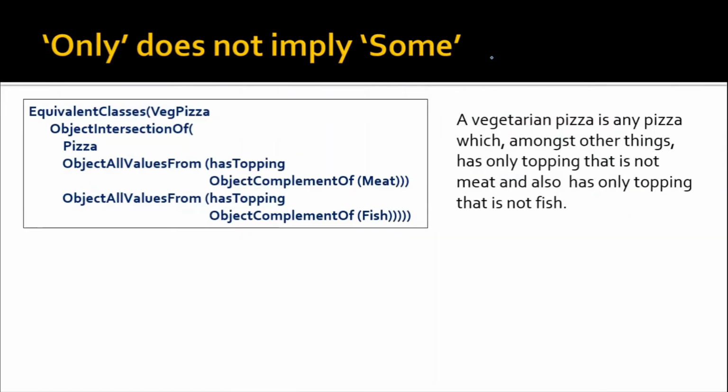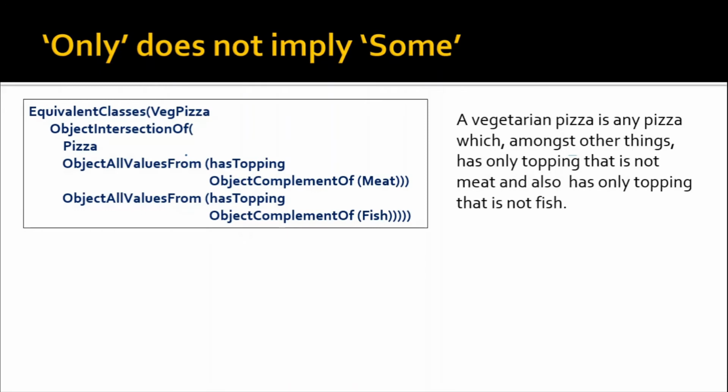Now, as we have mentioned earlier, some does not imply only. The other way is also true, that only does not imply some, right? To illustrate this, let us take an example where we are trying to define the vegetarian pizza, that is any pizza which, amongst other things, has only toppings that are not meat, and also has only toppings that are not fish.